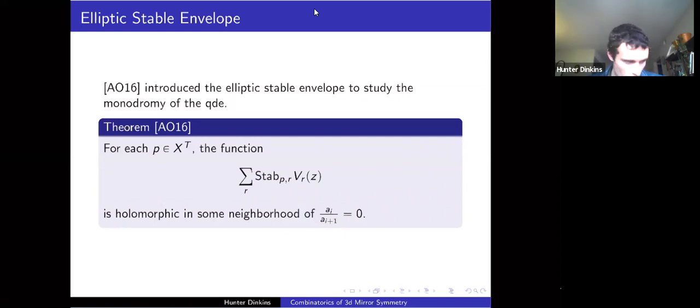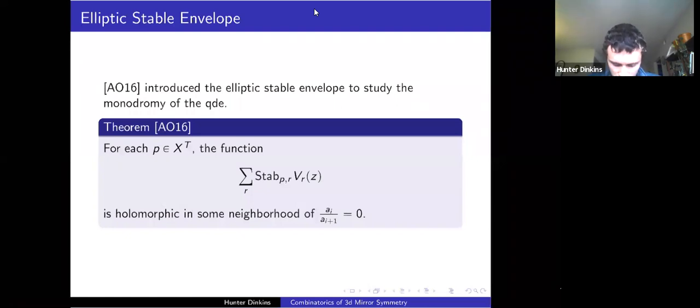What their main theorem says is that if you take the matrix of restrictions of the elliptic stable envelope, okay, I didn't tell you what it is, but you can think of it as some sections of line bundles over elliptic curves, so very explicitly, some collections of theta functions.